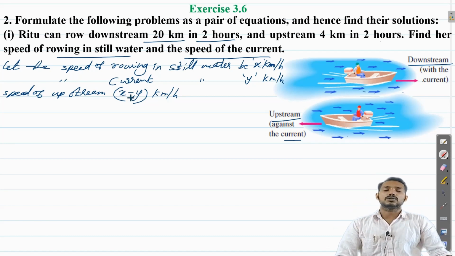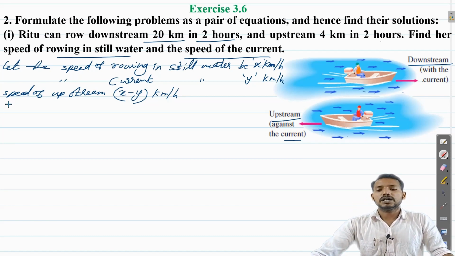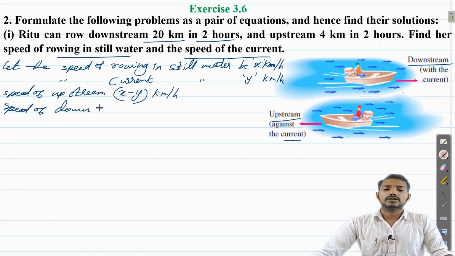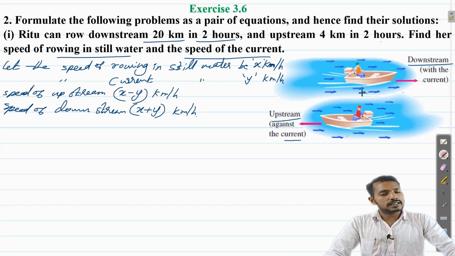Just understand that. Okay. Then speed of downstream will be x plus y kilometer per hour, because once already this stream or water current is moving in this direction, and the boat is also moving in this direction.